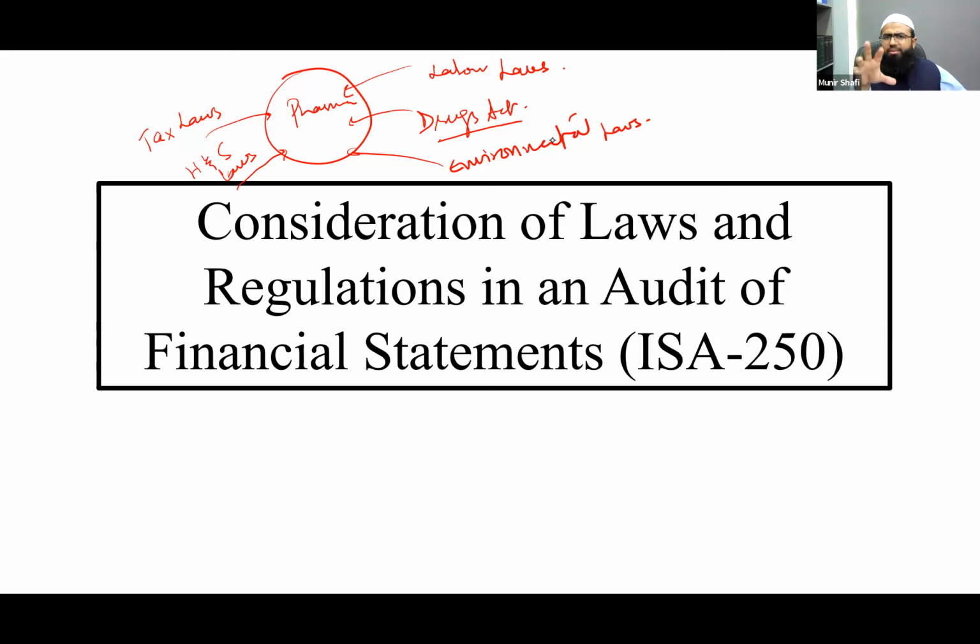But don't you think there should be a minimum benchmark, minimum standard that at least these laws, auditor should know? If not the complete law, at least the relevant provisions where there might be some financial implications. Where there are some numbers involved, where there are penalties, where there are cash outflows involved. Getting this?